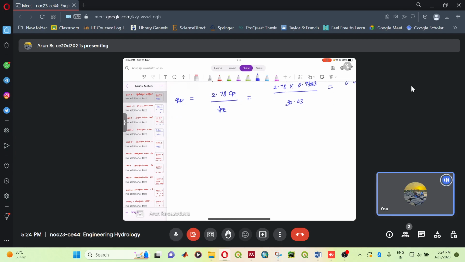Now we are going to adjust this QP with the ratio: QP into TPR which we got first divided by TPR dash, that is the adjusted one.